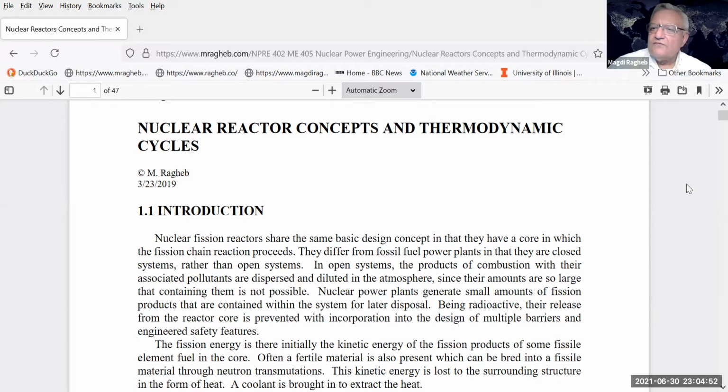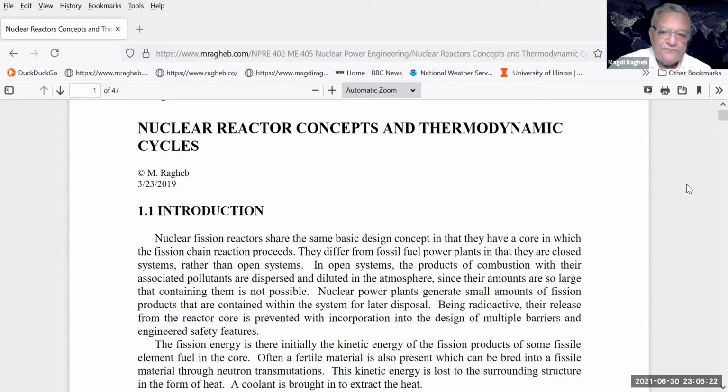In most of the existing reactors in operation today, it is water, plain water, H2O, but some designs, as we'll see, also use heavy water. In that case, 2 of the atoms of hydrogen in water are replaced by the heavy isotope deuterium. So it's D2O as the coolant.